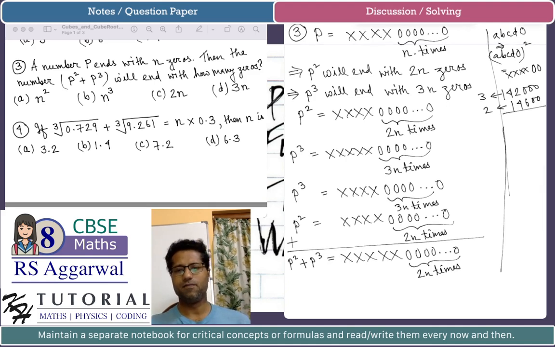So over here we were having p square ending with 2n zeros, and p cube ending with 3n zeros, and 2n is less than 3n. Obviously 2n is less than 3n, where n is a natural number.